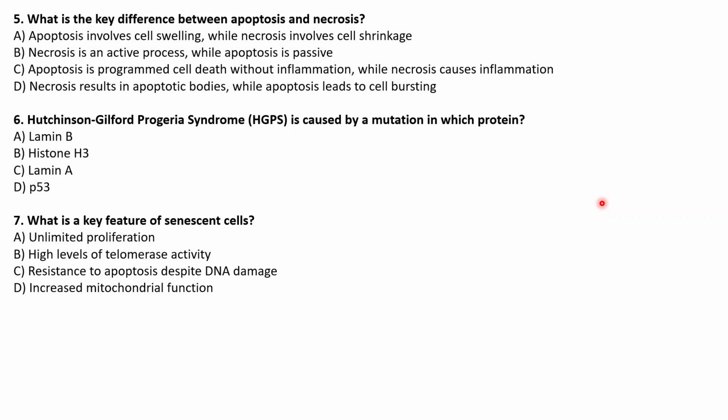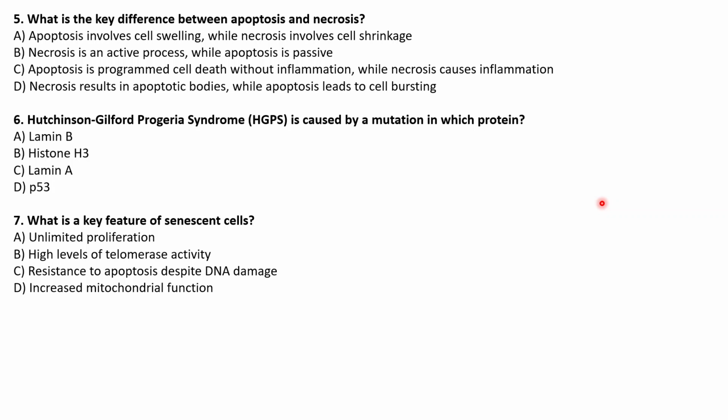So you don't have telomerase activity, which is why those repeats are not being added, which is why with every replication you have depletion in the length of the telomere. So actually, a feature of senescent cells is that the telomeres are short. So you don't have telomerase activity. And of course, unlimited proliferation is not the case either because they do not divide.